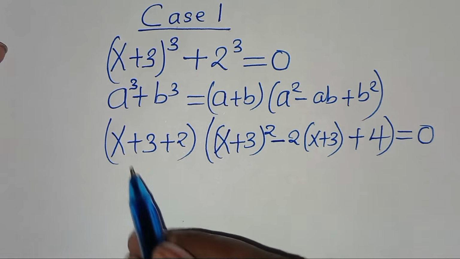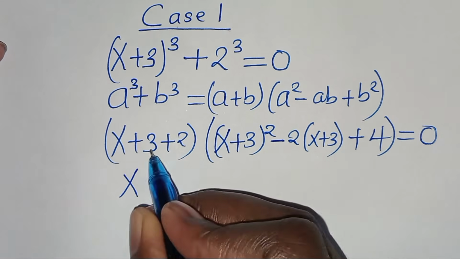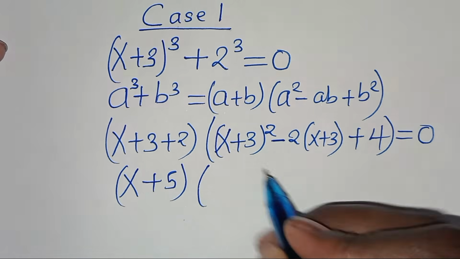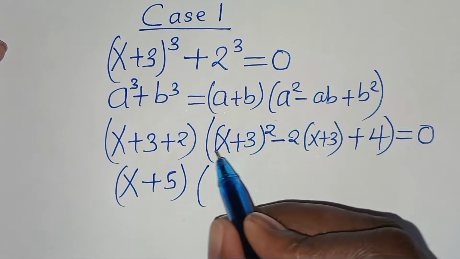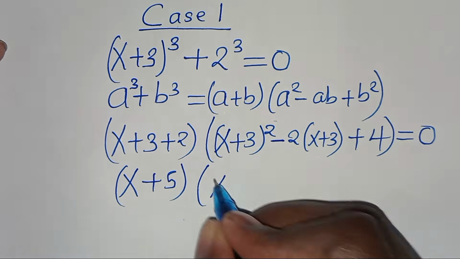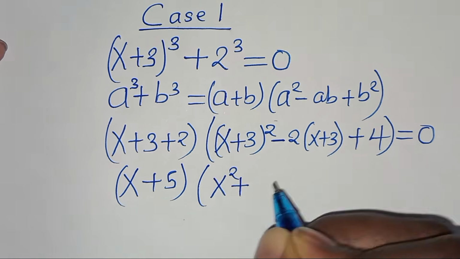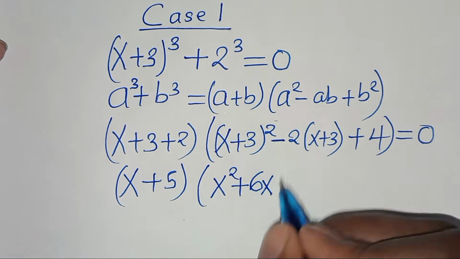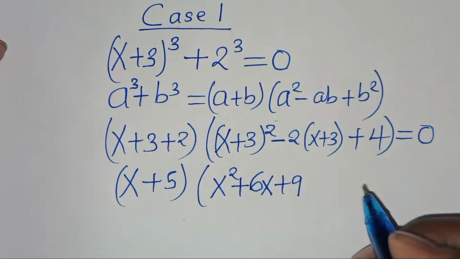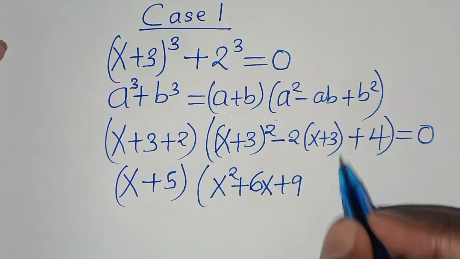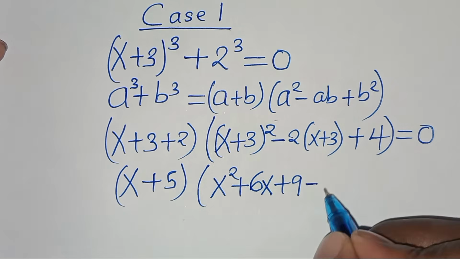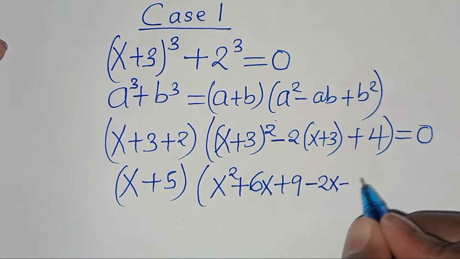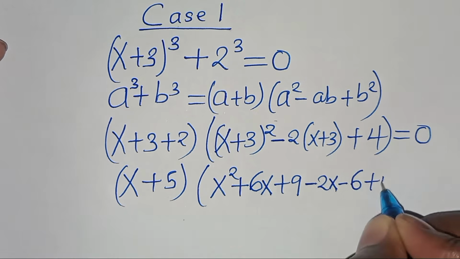Now this implies that x plus 3 plus 2 is x plus 5, times (x+3)^2. Let's expand: x squared plus 6x plus 3 squared, which is 9. Opening the parentheses, we have minus 2x, minus 2 times 3, which is minus 6, plus 4.